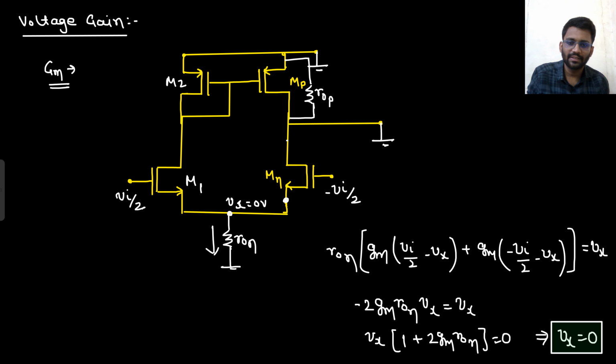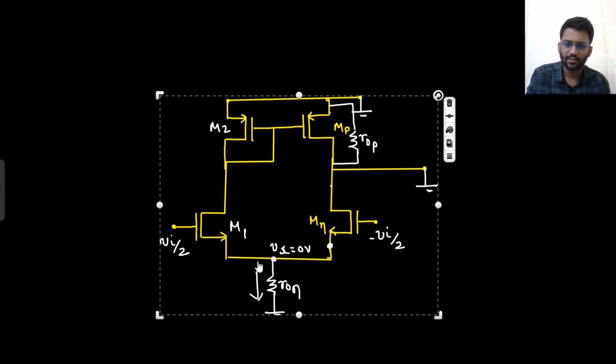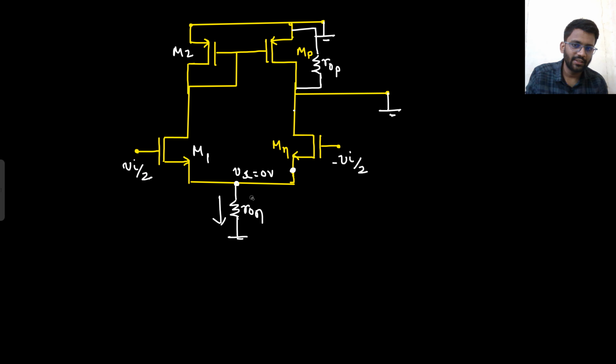Now how will I replace my circuit? Let's just replace my circuit now. Copy, then paste. So this R0N is becoming between two grounds, so this will be shorted. So this complete node will be gone, right? This is shorted.